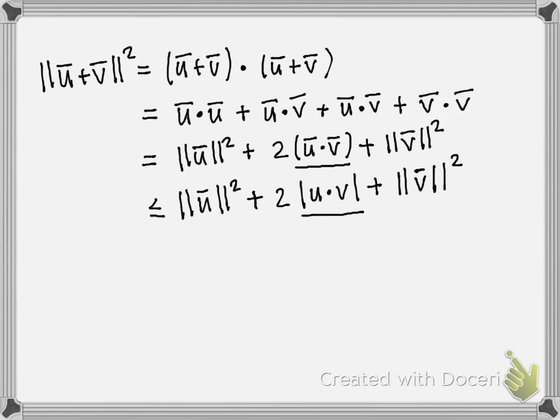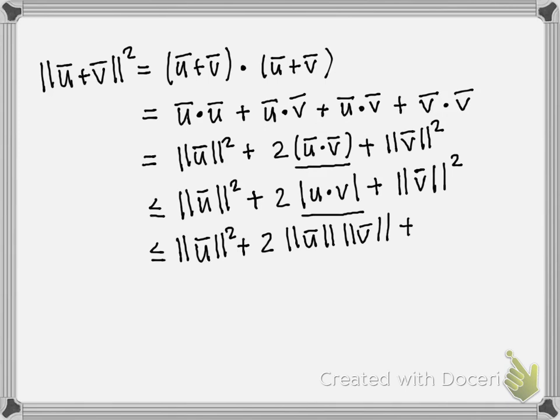Okay, so this is theorem 3.2.4 in the section, if you want to look at that. So I'm just going to use Cauchy-Schwarz here. So this is 2 times norm u, norm v, plus, and I'm just bringing down the norm v squared. This is by the Cauchy-Schwarz inequality. Okay?